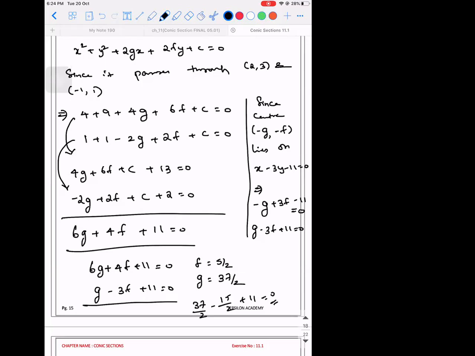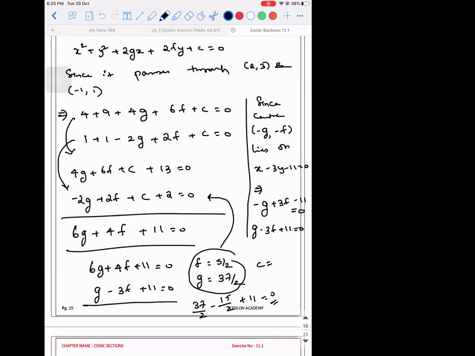Once you take these two values, g and f, and substitute them in that equation, you will get the value of c. Find out c and tell me. I'm getting g as minus 7 by 2.